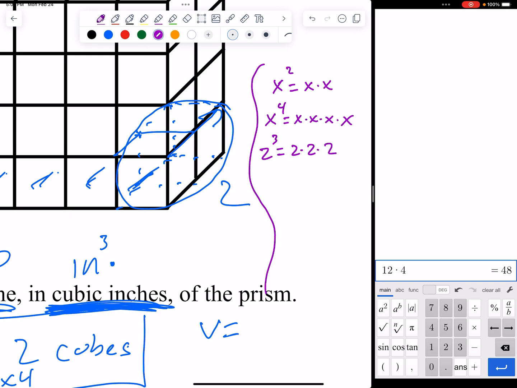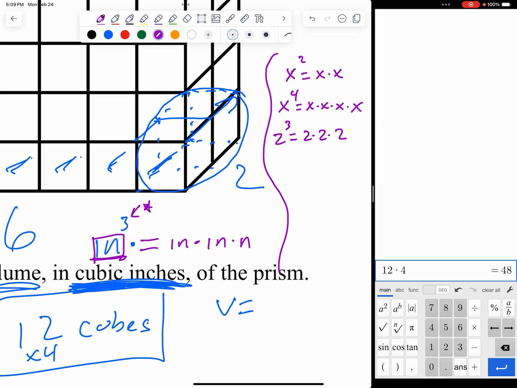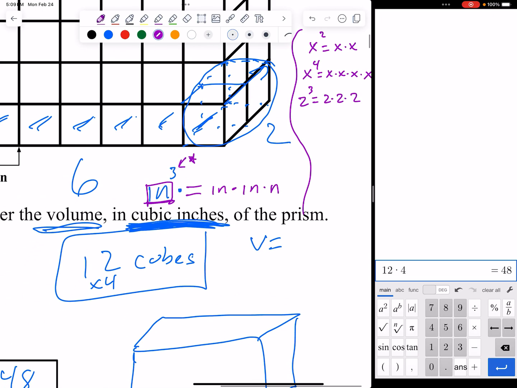Well, this is the same idea. Just because it's not a letter or a number, the idea is the same. If I have inches cubed, I'm going to multiply the base times itself how many times? 3 times. So I'm going to multiply inches times inches times inches.